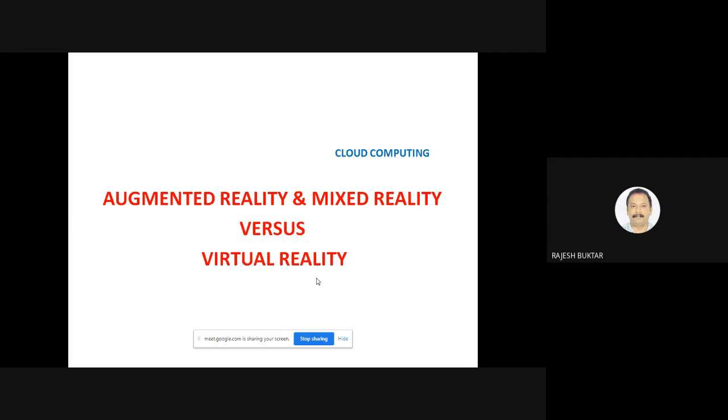There were no apps. Instead of browsers, now apps have come. Instead of desktops, smart mobiles have come. And instead of the actual 100% volume model, lightweight models can be shared on the cloud. Cloud computing has come into emergence, and therefore the natural progression of virtual reality to augmented reality. This is a very interesting journey to understand.